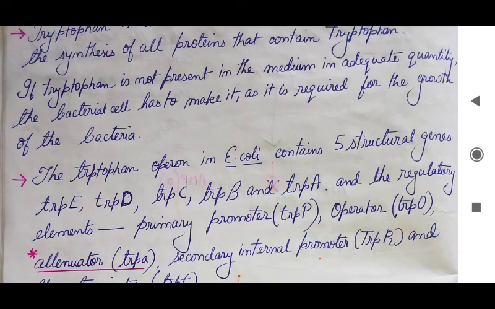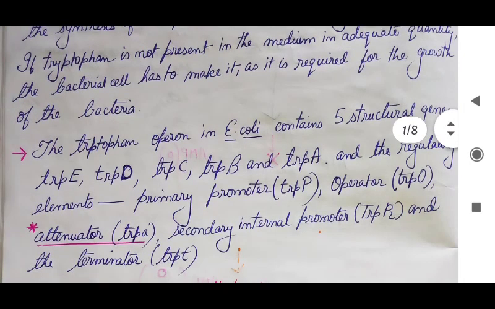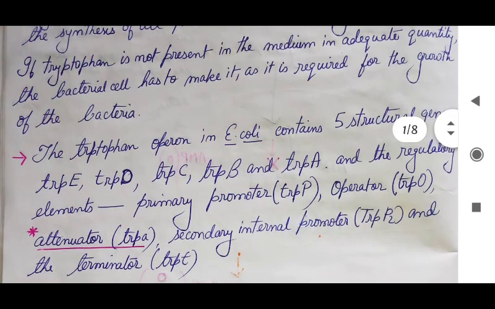In case of the lac operon, we have shown 3 genes right next to each other, coding for the enzymes that deal with lactose. But the tryptophan operon contains 5 structural genes, TRPE, D, C, B, and A. It also consists of some regulatory elements, mainly the promoter, designated by the symbol TRPP, with P in capital.